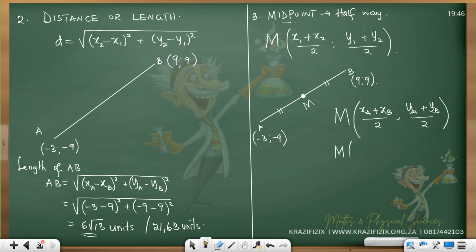What is M? X value of A, negative 3, plus 9, over 2, YA, 9 plus negative 9. Just to finish quickly. So, that is 6 divided by 2, which is 3 and 0. Done. Make sense, everybody?